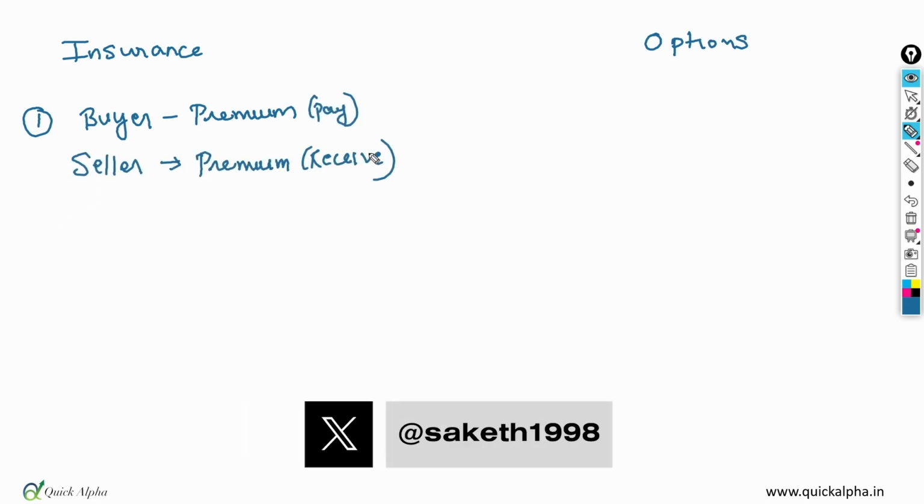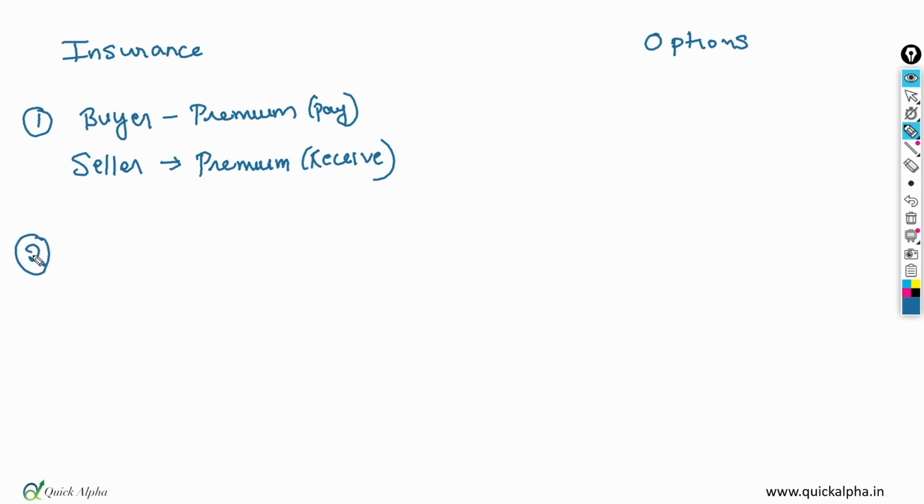In this contract, the buyer pays a certain premium to the seller, and there is a defined event: if this particular event happens, the seller is going to compensate the buyer for the losses.